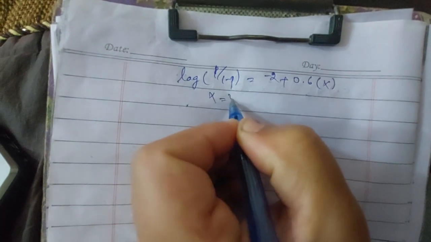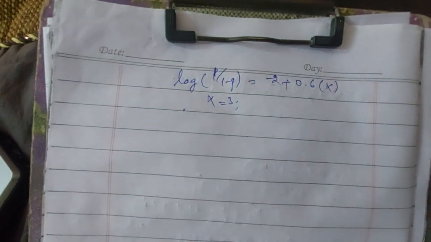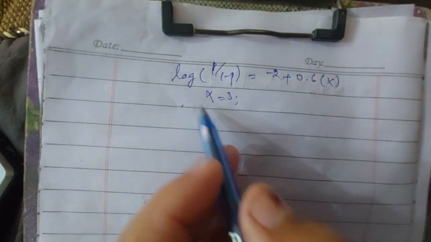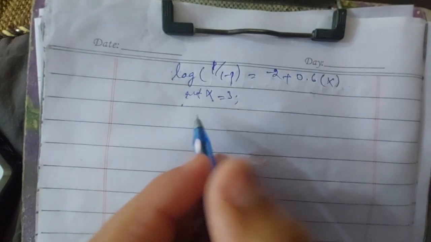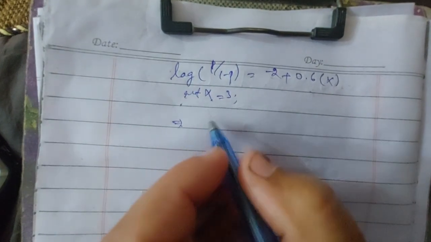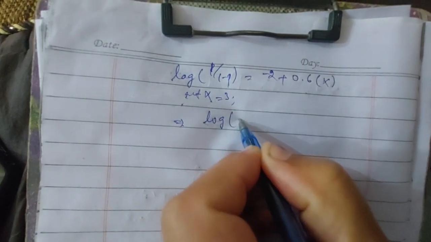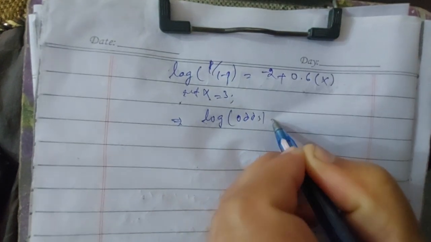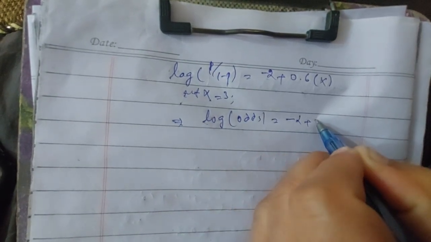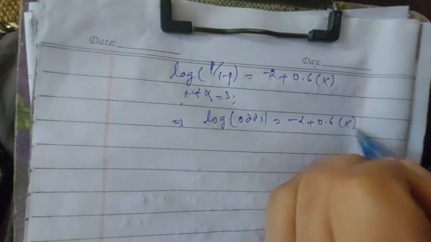Now x is equal to 3, this is the dosage level, so at x is equal to 3 we need to define the odds.